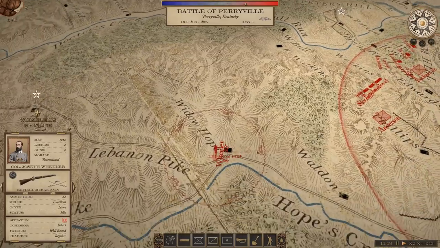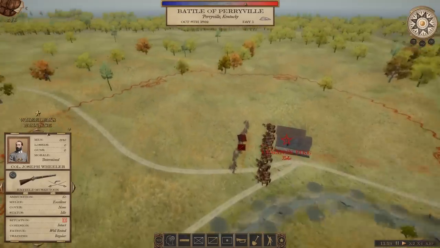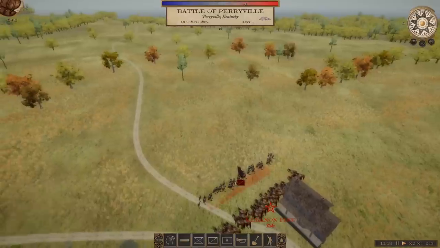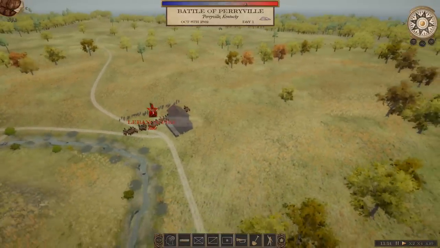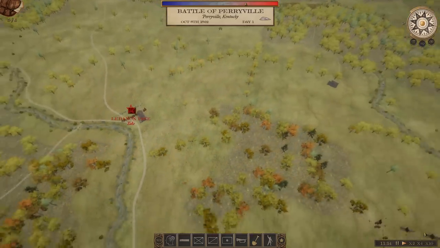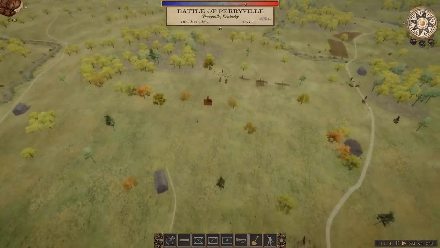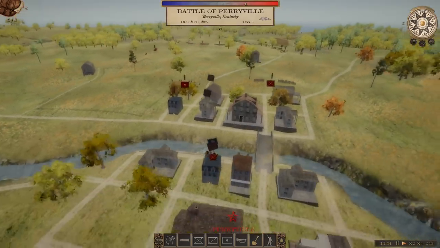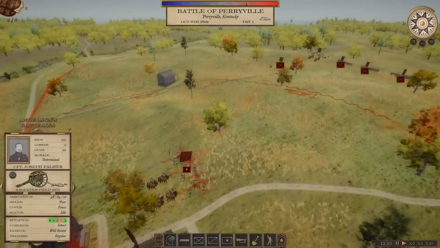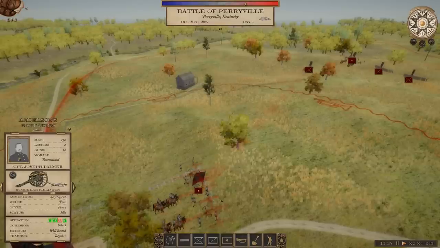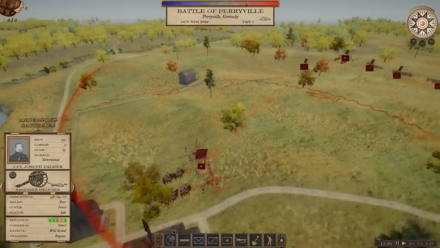And also we have still Wheeler in position here on our left with no enemy contact, so that's already also a possible reserve for the battle. And here we see the artillery taking defensive positions automatically on the fence, which is stated here as cover.